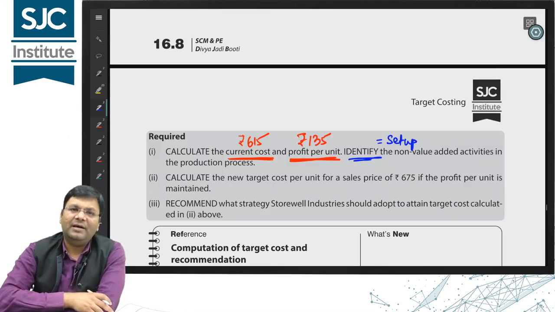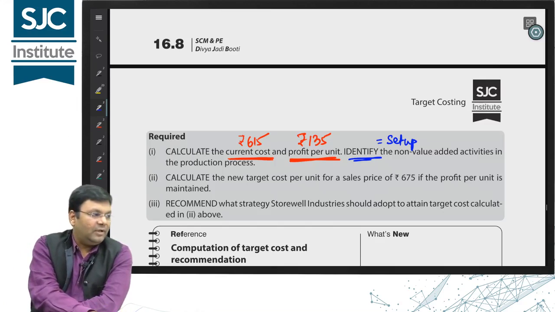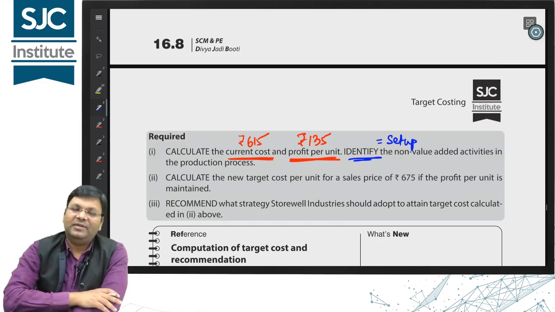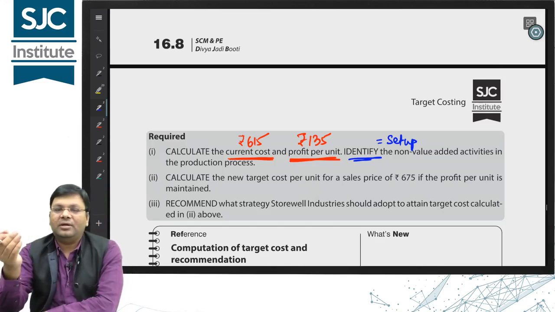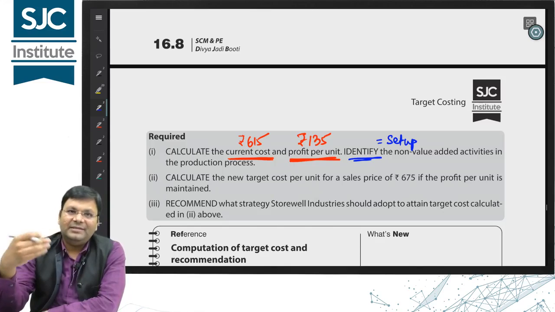Usually setup is required when maybe the company is producing different products from the same machinery. When do we require setup? When the company is producing different products from same machinery. So after producing one product, it will now change its configuration to produce another product.